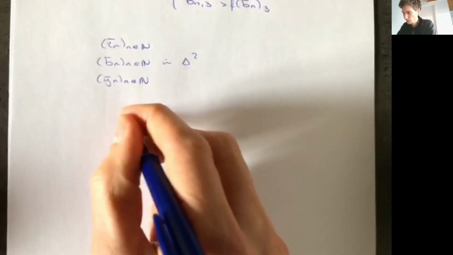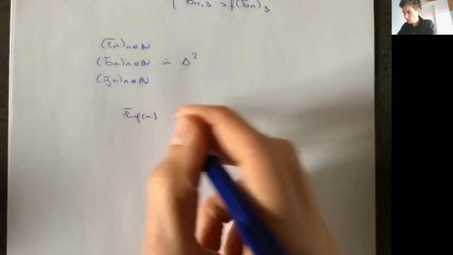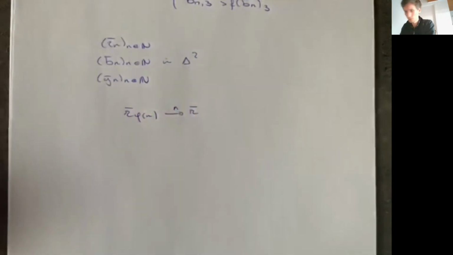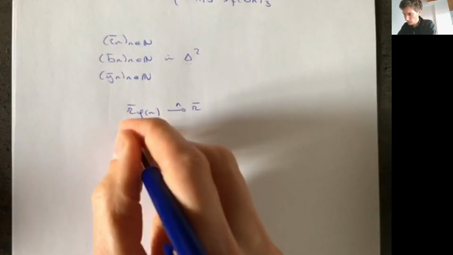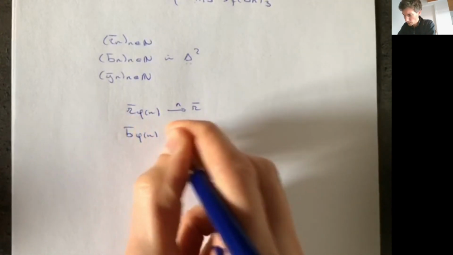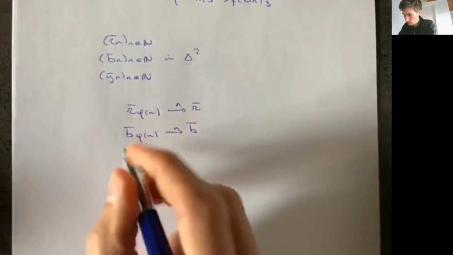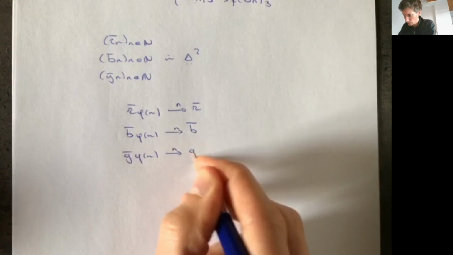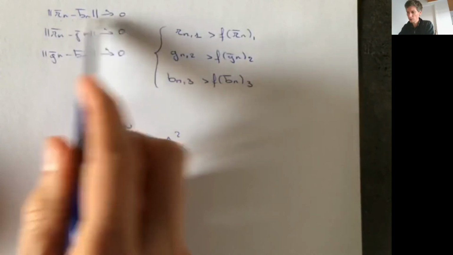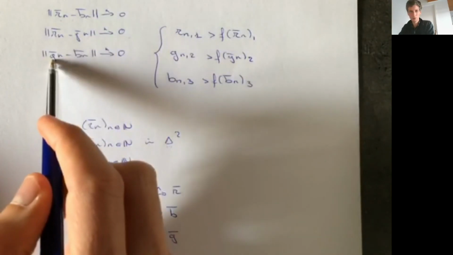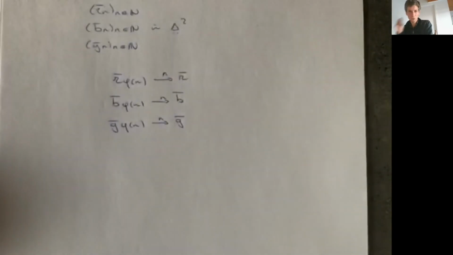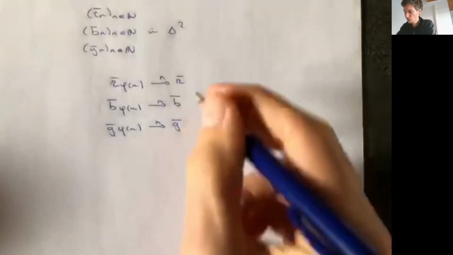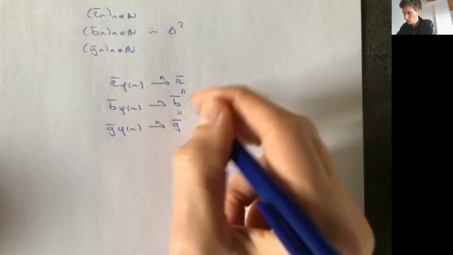Okay, so I know that R phi n converges to some vector R. I know that B phi n converges to some vector B, and G phi n converges to some vector G. Okay, and Rn minus Bn goes to 0, Rn minus Gn goes to 0, the distance between Gn and Bn goes to 0. So similar to what I have done before for the one-dimensional case, I can actually show that all these three here are equal to each other.